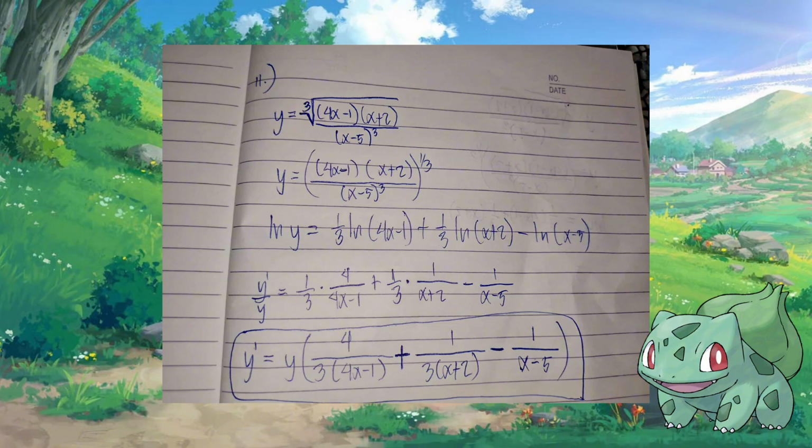So next, ln y equals 1/3 ln times (4x minus 1) plus 1/3 ln times (x plus 2) minus ln times (x minus 5). So next, y prime over y equals 1 over 3 times 4 over 4x minus 1 plus 1 over 3 times 1 over x plus 2 minus 1 over x minus 5.